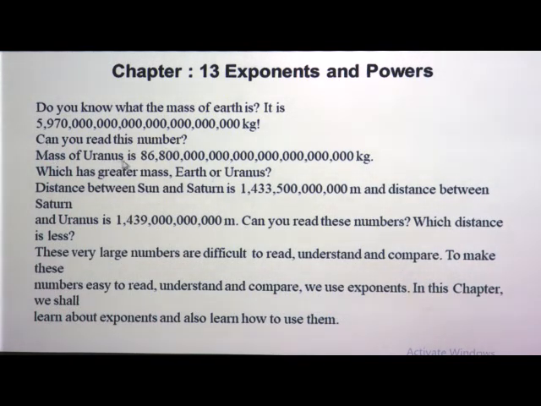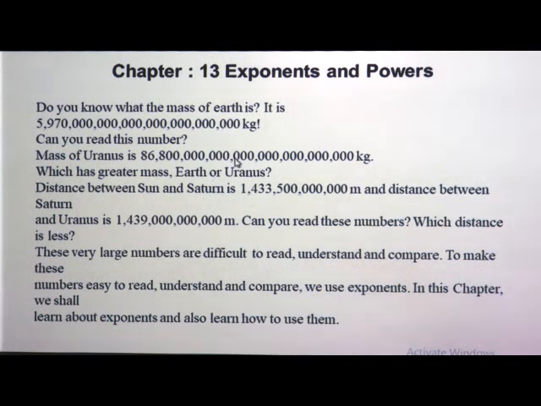Mass of Uranus is 86,800,000,000,000,000,000,000,000 kg. Again, the mass of Earth as well as Uranus is given to us, but we are unable to read it. Even if we put commas in the international system, we are still unable to read it. Which has a greater mass, Earth or Uranus?